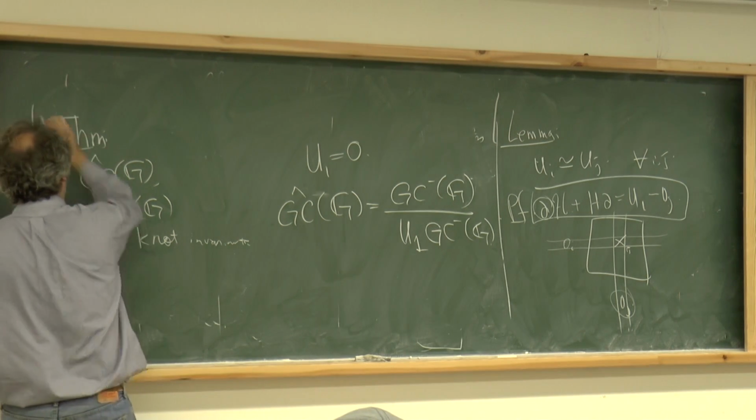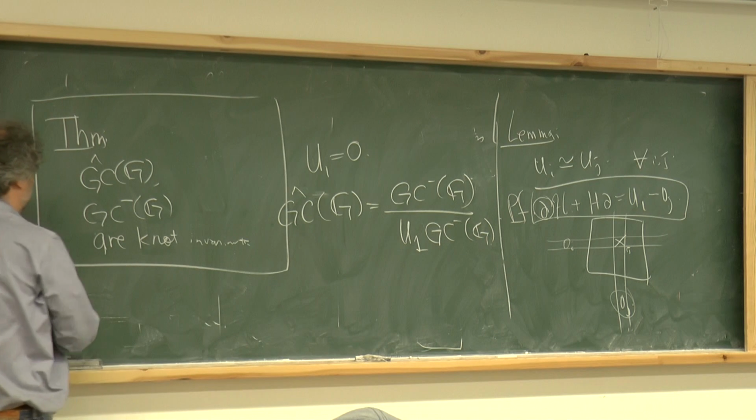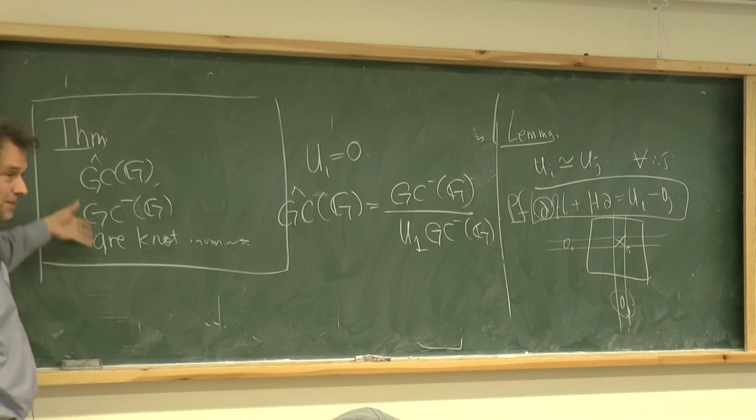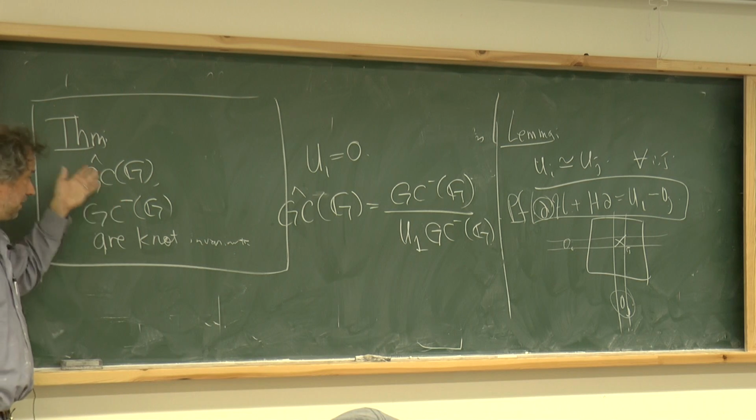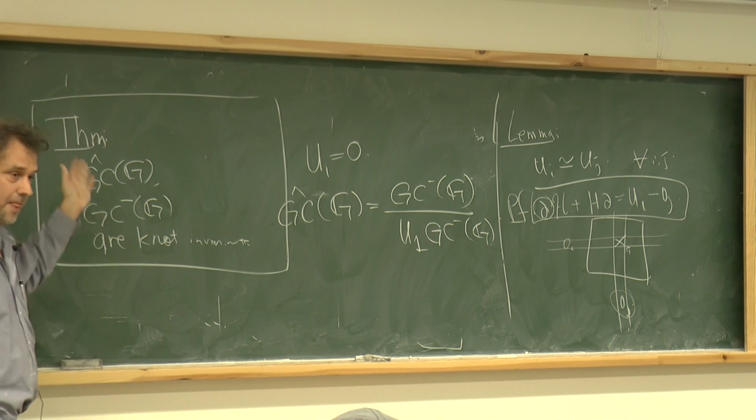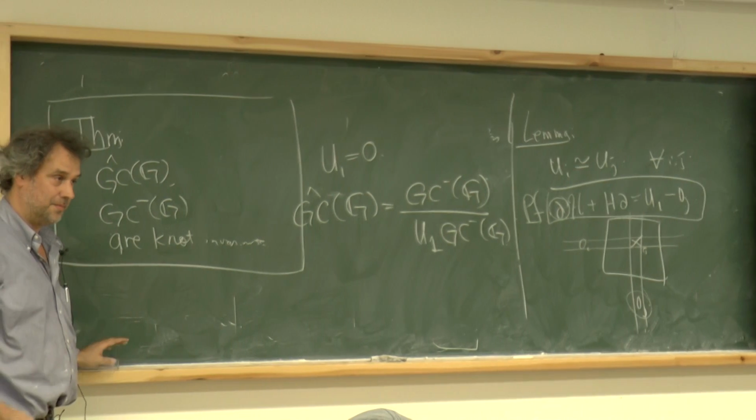Okay, so the original proof was that, well, this agrees with the holomorphic theory, so it's an invariant. But there is a better, combinatorial proof, and I want to sketch that.